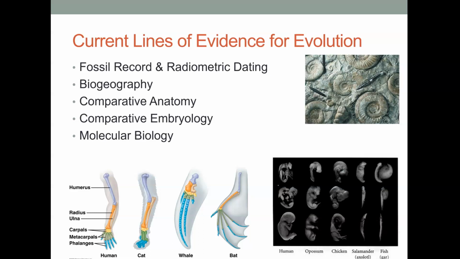The closer our embryos look to one another, the more closely related we are to that species. And now with the advent of DNA technology, we can look at molecular biology and our own DNA. In the same way that we see a certain amount of DNA homology with our brother and sister, we still have homology with our cousin, but less so, right?